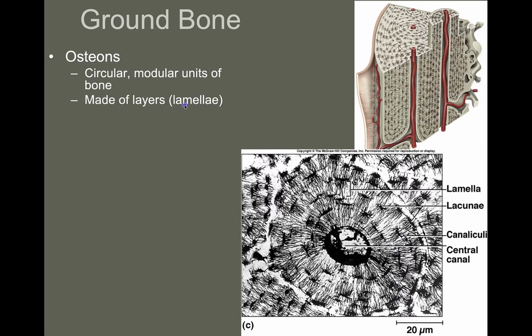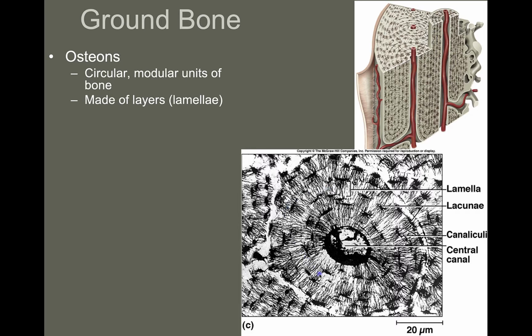They are composed of layers called lamellae. And so you can see here in this black and white image, we've got a little bracket, and this line is coming over here to a lamella. And if we trace that lamella around, we can see that this is sort of like the layers of an onion or layers of a tree ring that are in these concentric circles from the inside outwards.